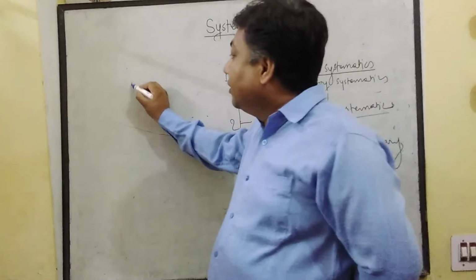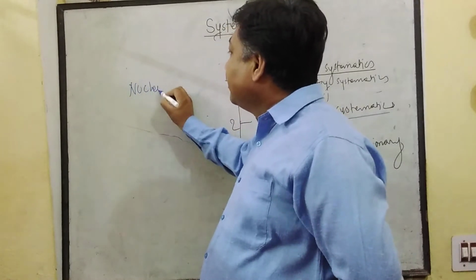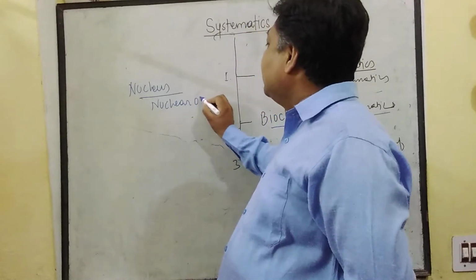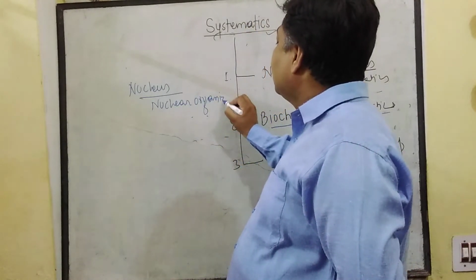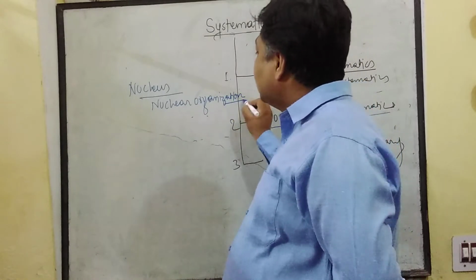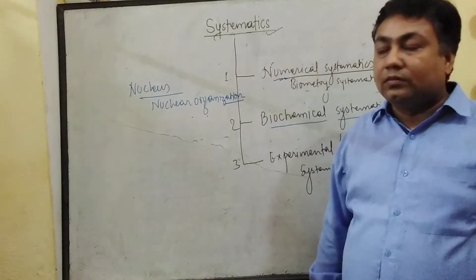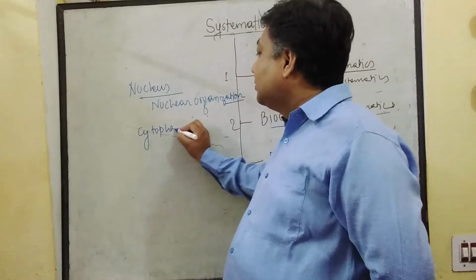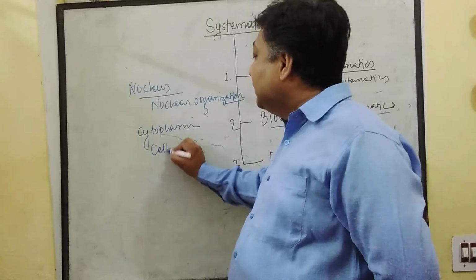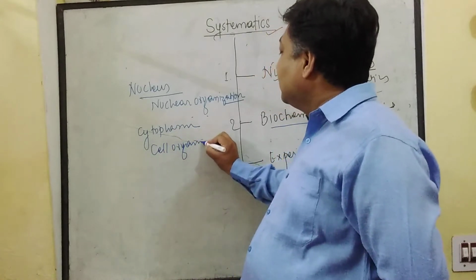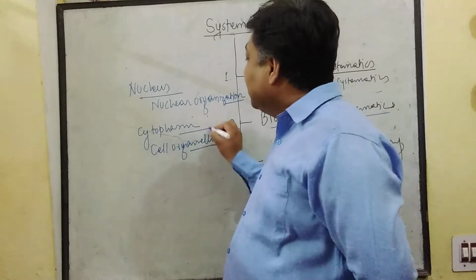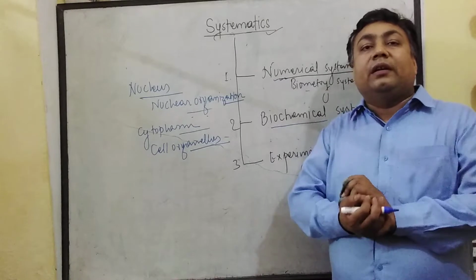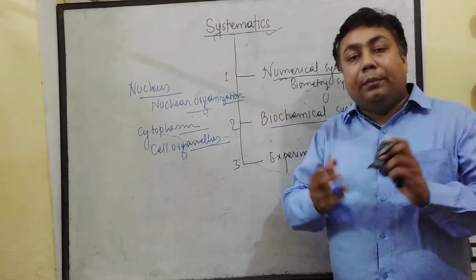Those units are nucleus, nuclear organization, cytoplasm, cell organelles. These are the traits on which biochemical systematics is based.